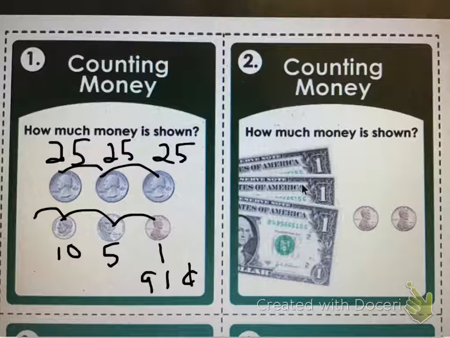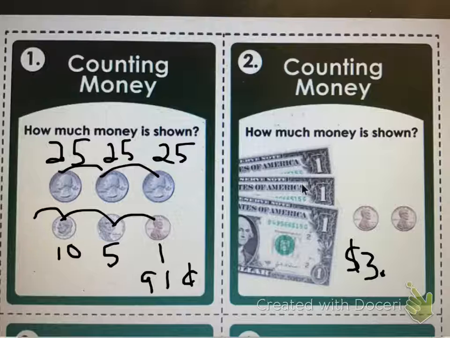So in order to do that, the first thing you need to do is to start with a dollar sign. Okay? Then we're going to write in how many dollars we had. And we said there were $3. Okay? Now I'm getting ready to write the cents. Before I do that, I need to put in what's called a decimal point.